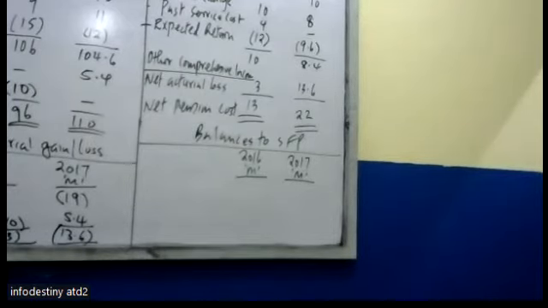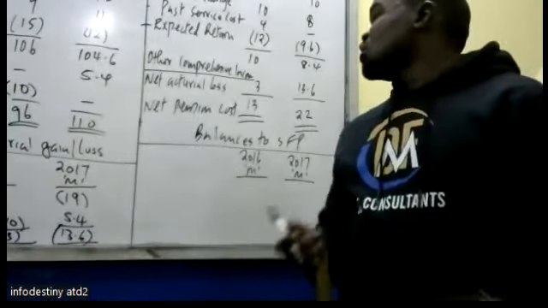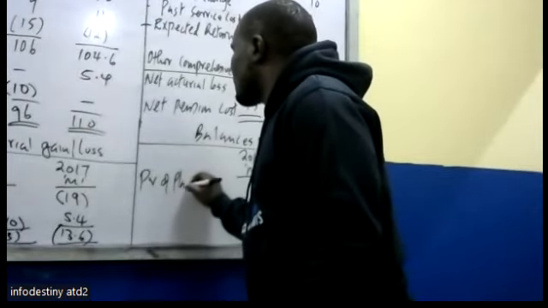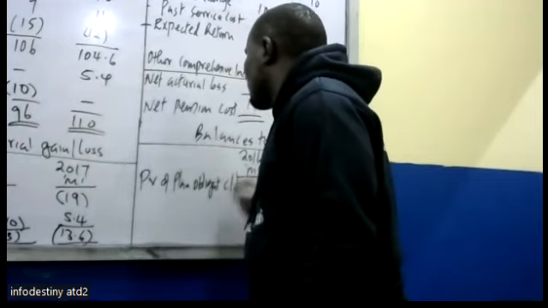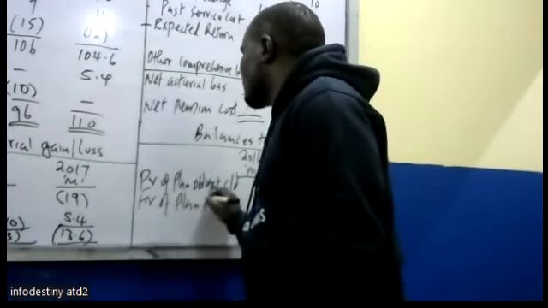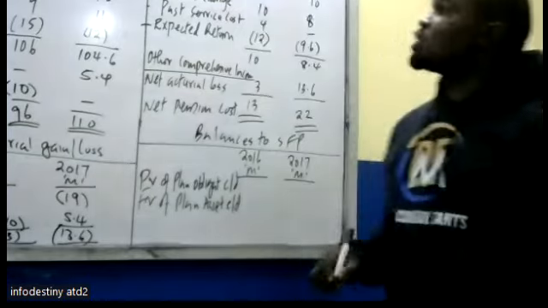That is the easiest. When do you prepare balance sheet, at the end or at the beginning? At the end. So take the present value of plan obligation, current down, and fair value of plan asset, current down. All those ones we have.